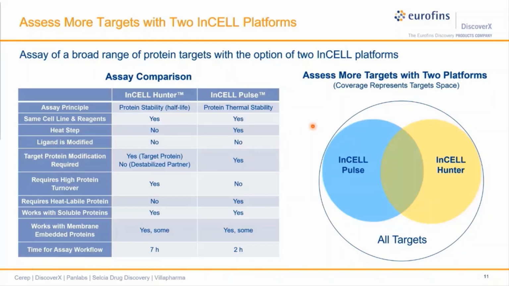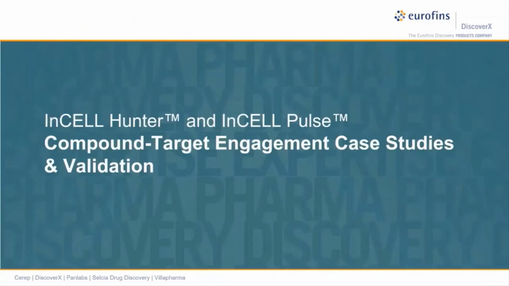The availability of these two InCELL cellular target engagement assay formats allows the study of more target proteins. In the next set of slides, I will show you some examples using the InCELL Hunter and InCELL Pulse cellular target engagement assays for different applications.